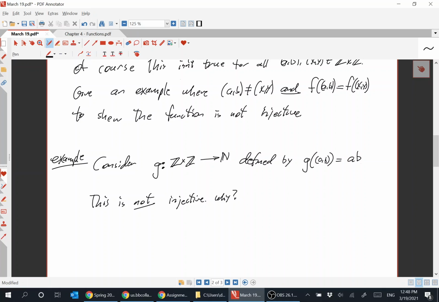Guys? Hello. 6, 1 and 2, 3. Yeah, so 6, 1 and 2, 3. They're not equal. And g of 6, 1 is equal to 6, which is equal to g of 2, 3.